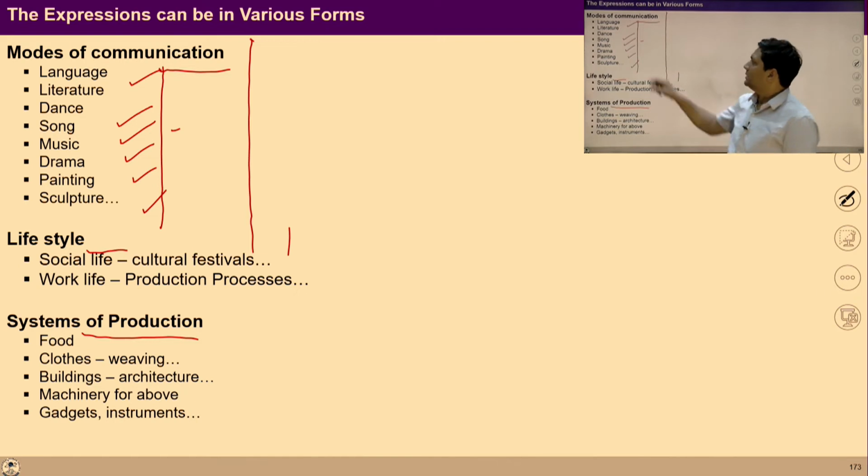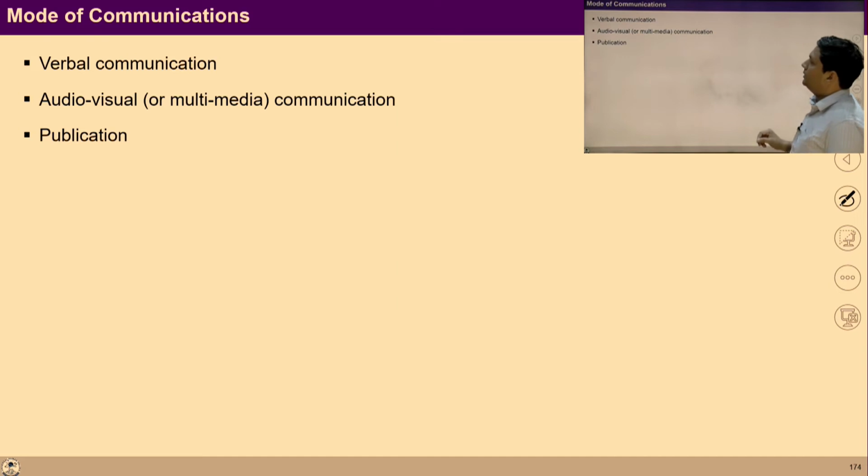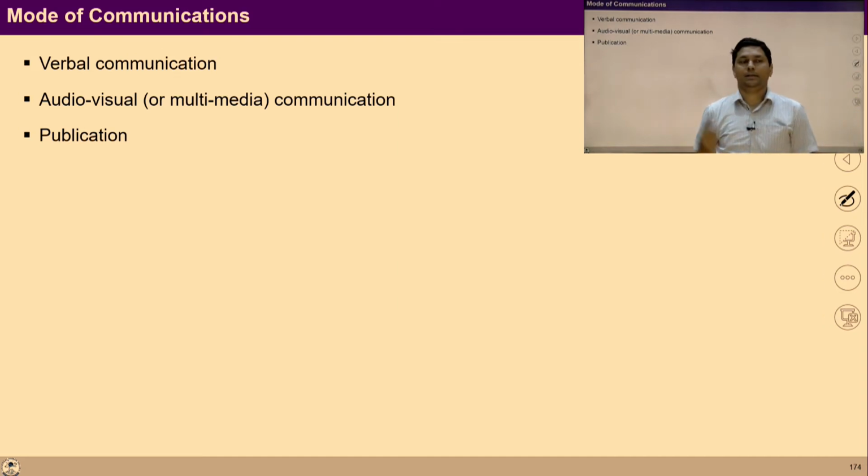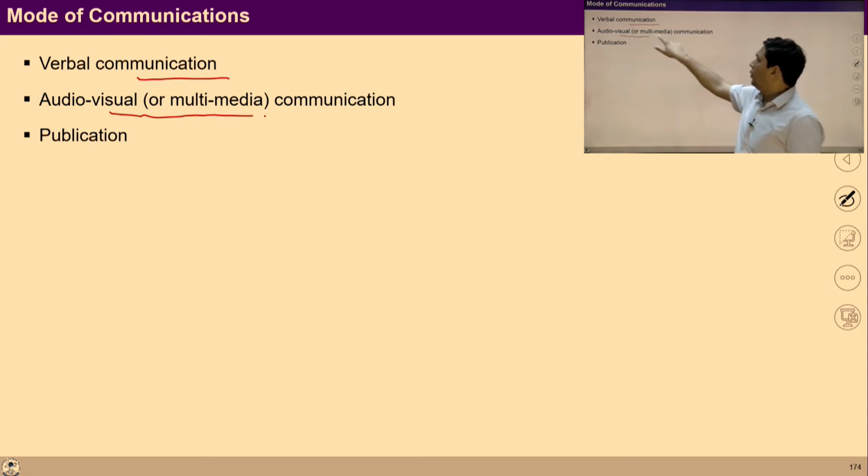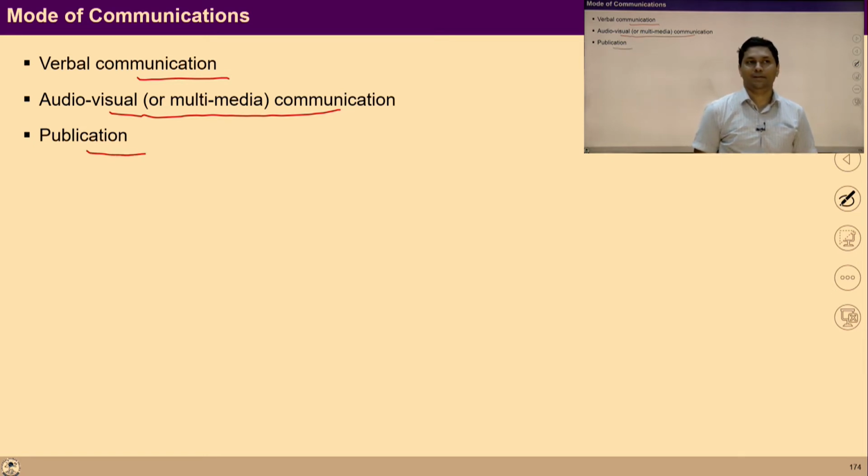So first, we are going to study these modes of communication. We can see there are three types of mode of communication. Number one, verbal communication. Number two, audio-visual communication. And number three is publication and print media.